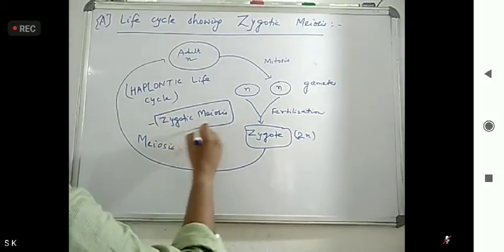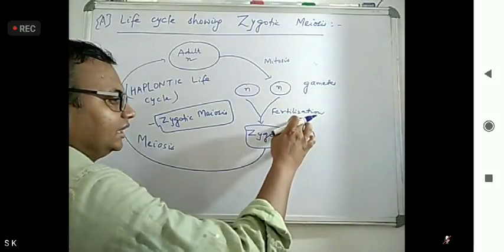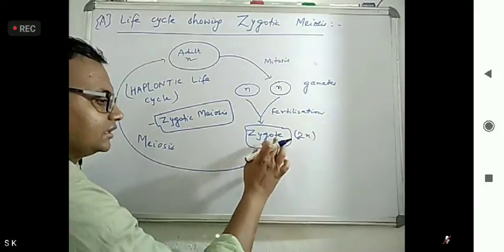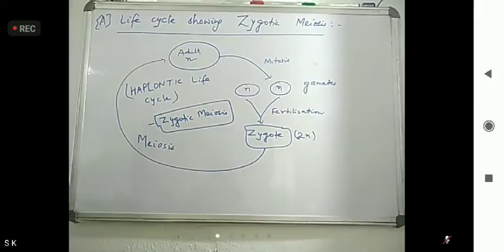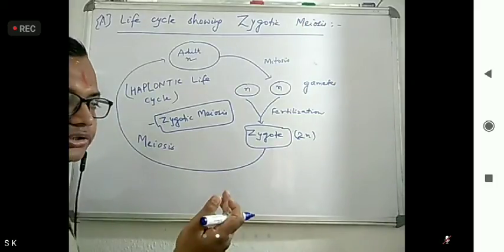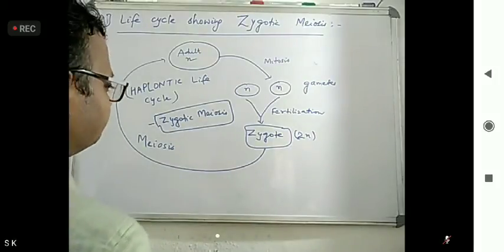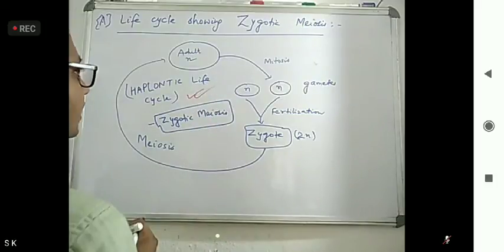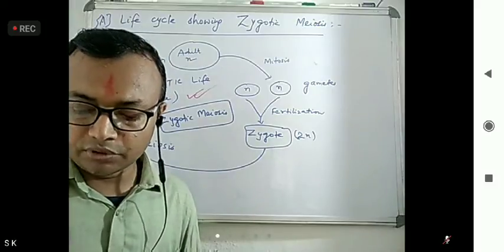In the examination, they will remove either fertilization, zygote, or haplontic life cycle, and ask a medical question to fill in the appropriate word in the blanks. So these graphs are very important, and you have to elaborate this.